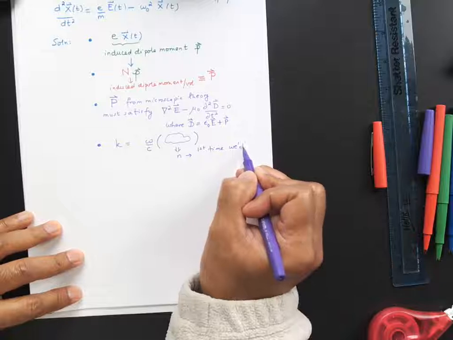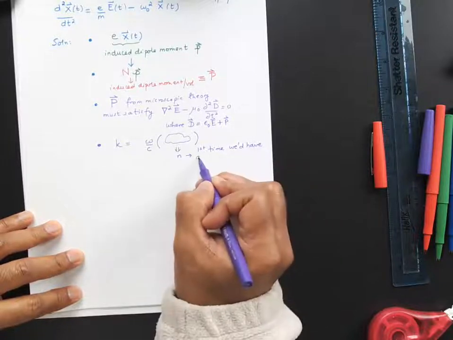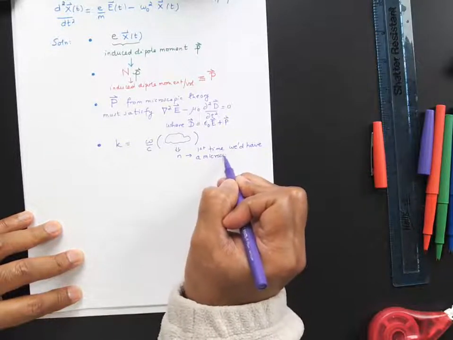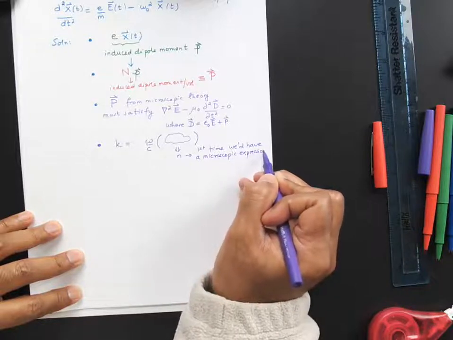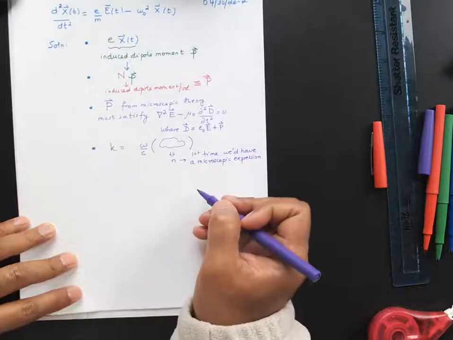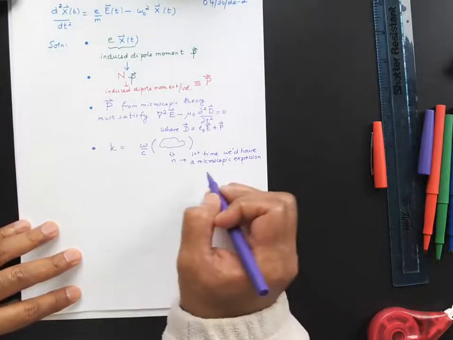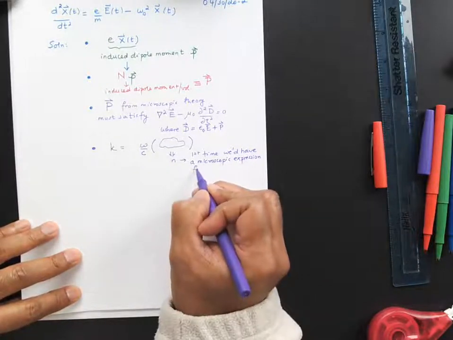This will lead to the first time we'd have a microscopic expression, by that I mean involving atomic polarizability and things like that. I have a microscopic expression for n.